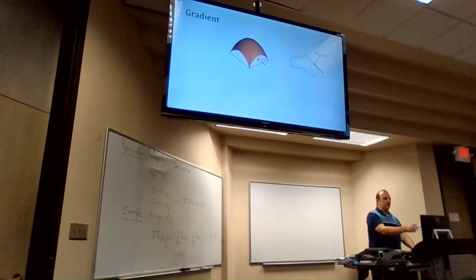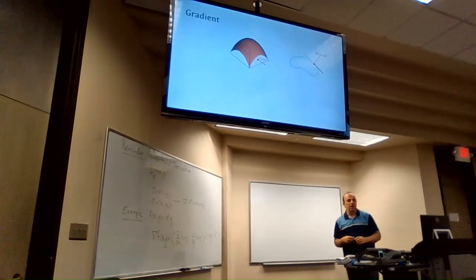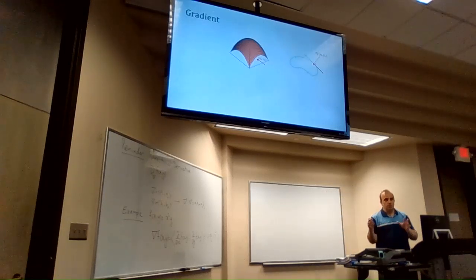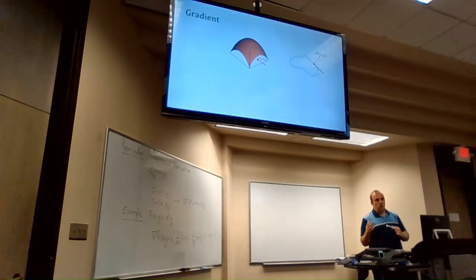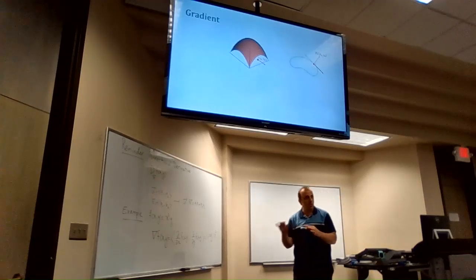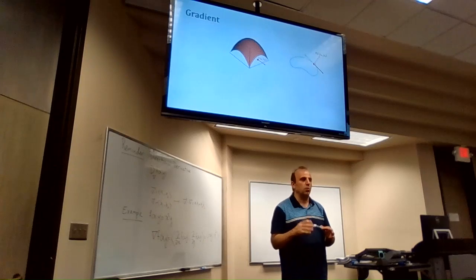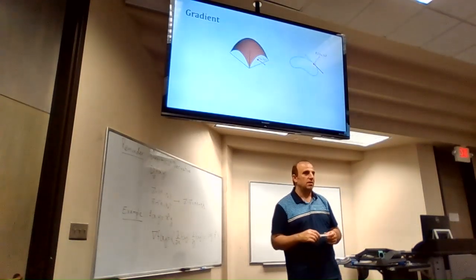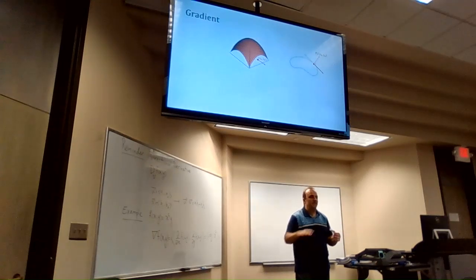Yeah, it's related because that's the level curve. As you may remember, the level curve passing through x0, y0 is the set of all x, y such that f of x, y equals f of x0, y0. So all of them on that graph have the same height.